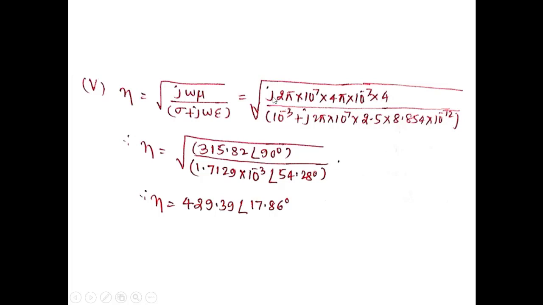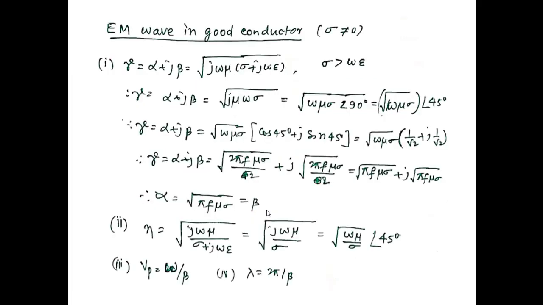Then we convert this rectangular to polar. We get under root of 315.82 angle 90 degree whole divided by, again converting rectangular to polar, you get 1.7129 into 10 raised to minus 3 angle is 54.28 degree. If we divide and take the under root, we get intrinsic impedance eta is equal to 429.39, angle is 17.86 degree ohms.